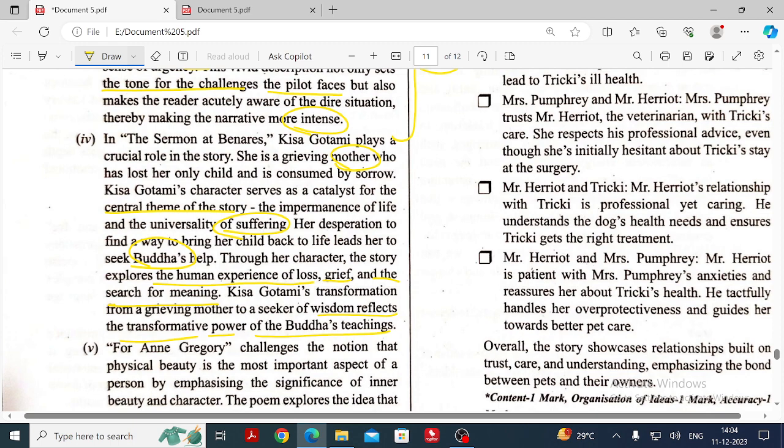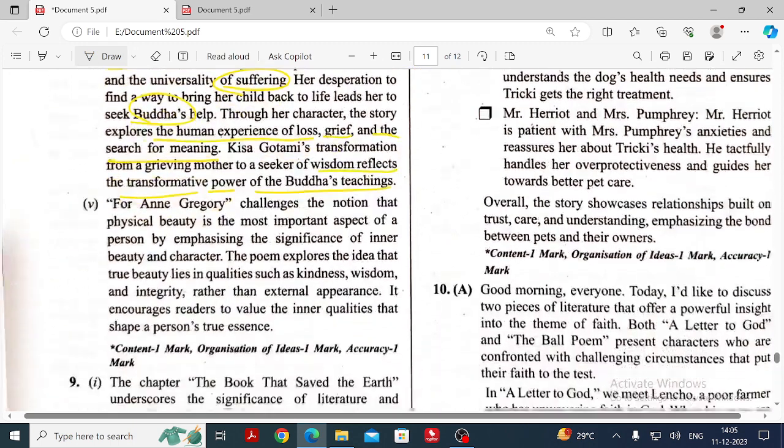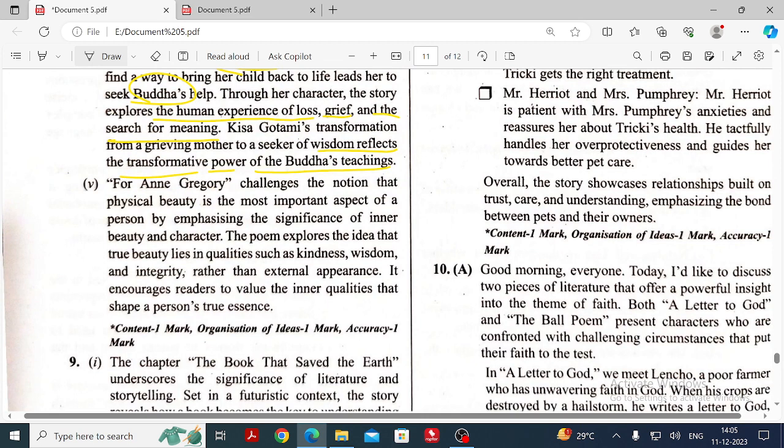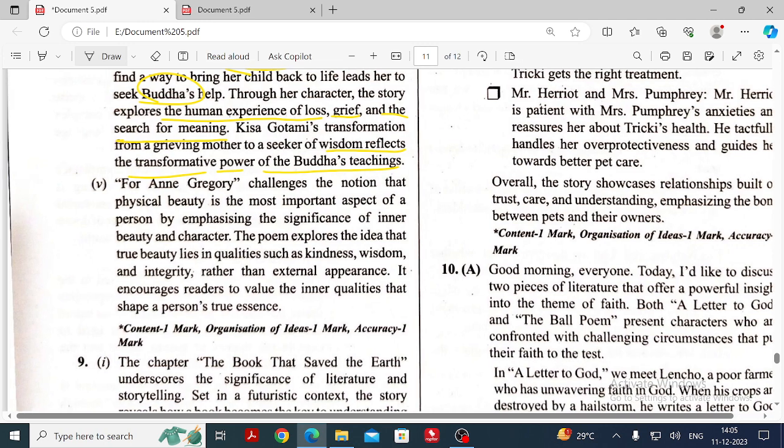And the last one, which is going to be the poem. There we have a word. The challenge, particularly in physical beauty, is the most important aspect of the person, which signifies the inner beauty and character. Particular beauty means definitely the inner beauty and the character. The poem explores the idea that true beauty lies in qualities such as inner beauty.